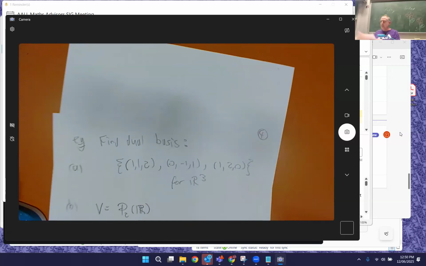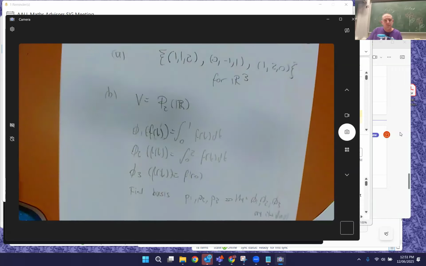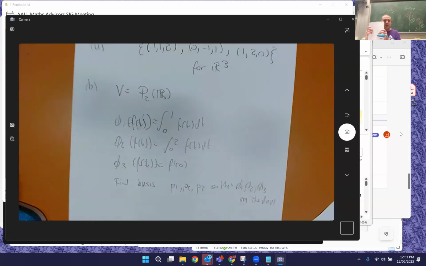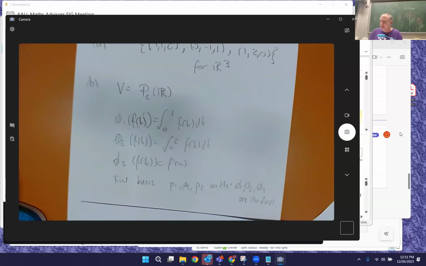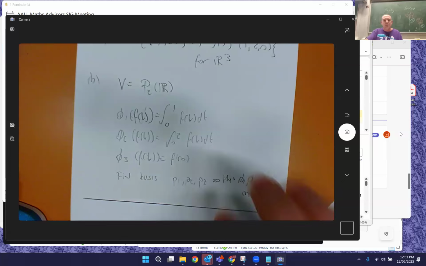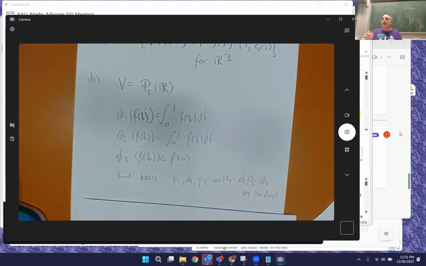Okay. So my other question was this. Find a basis P1, P2, P3 so that that is the dual basis. So I need to find some functions so that when I do this to each of them, I get zeros and ones.